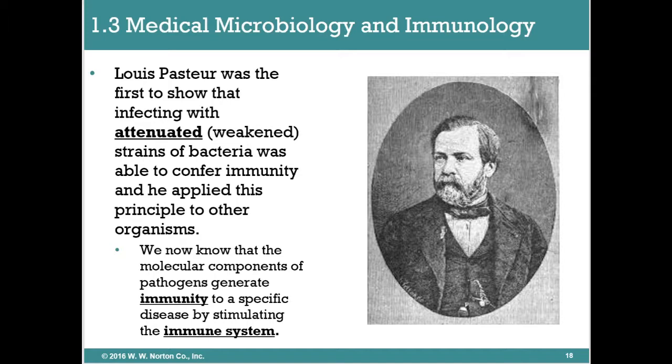He came up with the idea that vaccinating is a good idea, but there was still increased sickness, so how can we make it better? We weaken the microbe, so our body is the stronger host compared to the bacteria or the fungus or whatever organism it may be, which is what we do today.